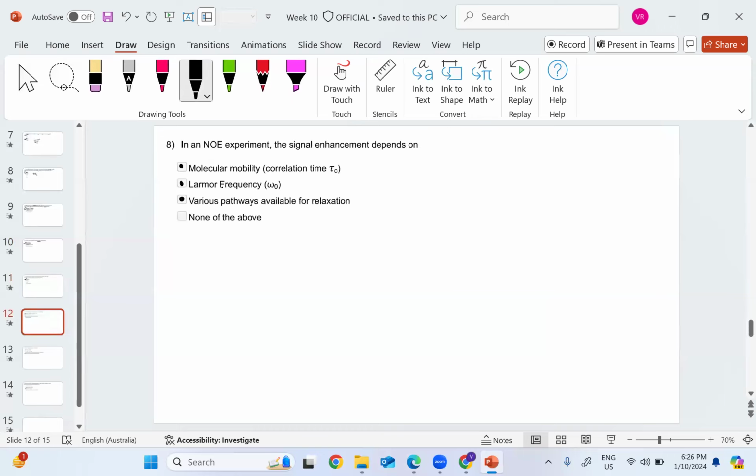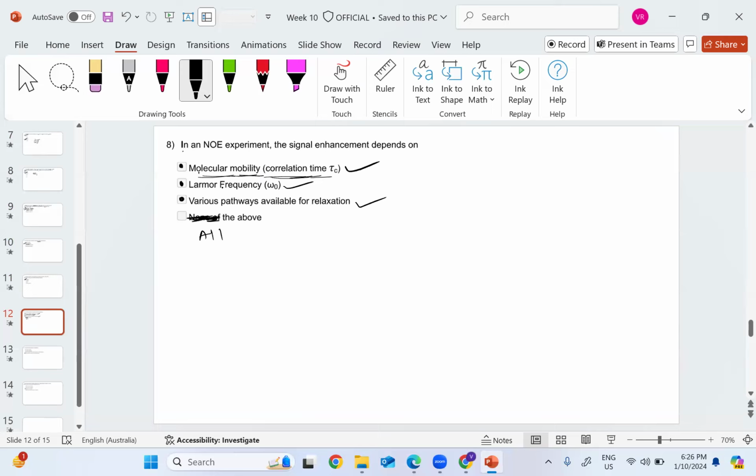In the eighth question, in an NOE experiment, the signal enhancement depends on. Here, all of the above are the correct option, because NOE depends on the molecular mobility, that is the correlation time TC, also the Larmor frequency, and also the various pathways available for relaxation.